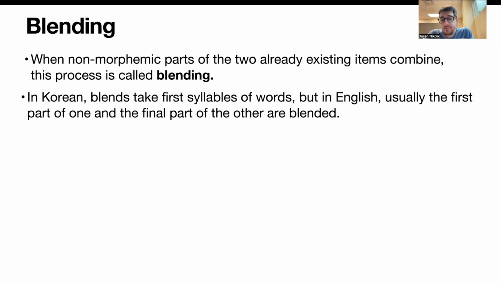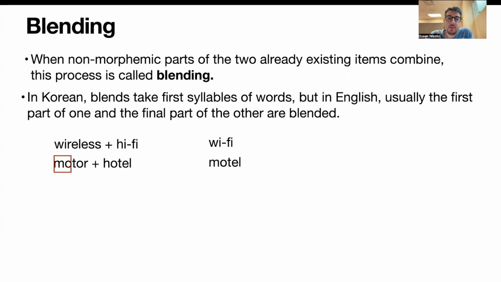Then in Korean, blends take first syllables of words, but in English, usually the first part of one and the last part of the other are blended. For example, Wi-Fi. It came from wireless hi-fi. Motel, motor, hotel, right? Smog, smoke and fog.